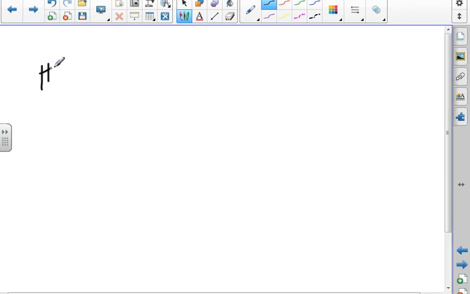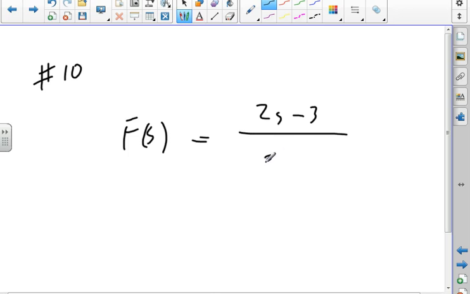I'll now move on to number 10 and try to do the same thing again. And if I could find number 10. F of s is 2s minus 3 over 9s squared, 12s plus 20. Well, isn't that special?